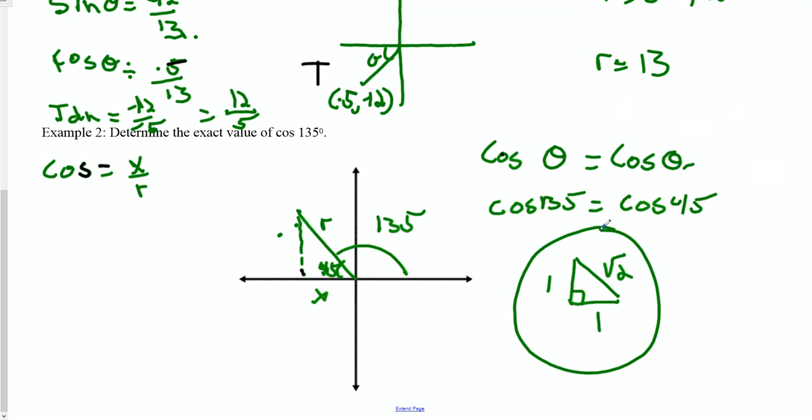So now all I'll do is go cosine equals x over r. So cosine 135 just equals my x value 1 over root 2. And that's my answer. All right, so I need to remember my triangles here, those two triangles that I showed you guys the other day to solve this stuff.